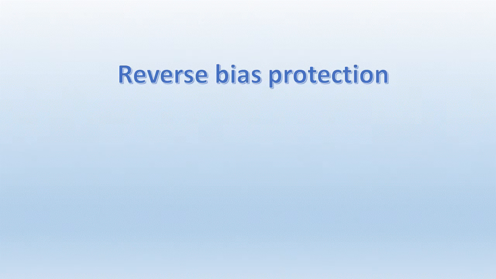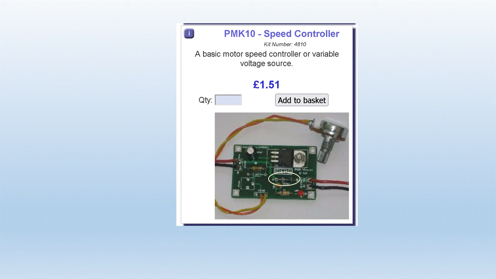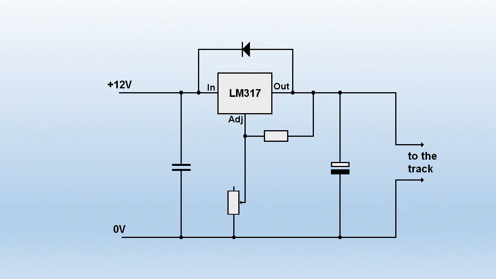The diode's properties of having forward and reverse bias are also used in this situation. Here is the Merg kit for a speed controller, and here's its circuit. It's using the LM317 adjustable voltage regulator.